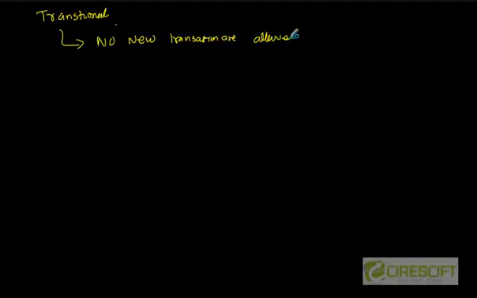The next mode is called transactional. That means I can do shutdown transactional. If I do shutdown transactional, the following things happen. First, no new transactions are allowed. Let's say the database has two users, user 1 and user 2.